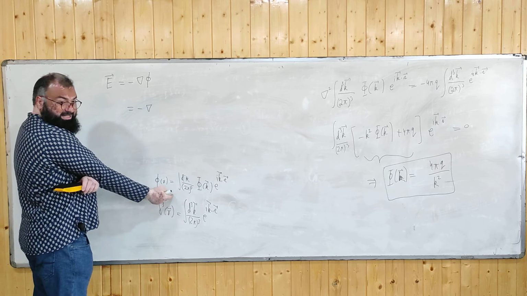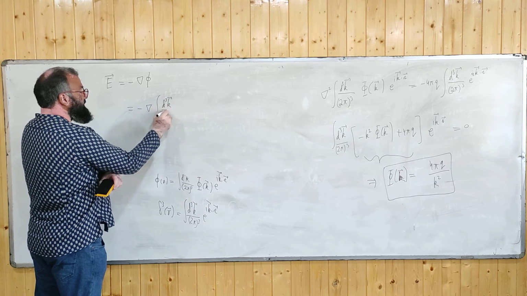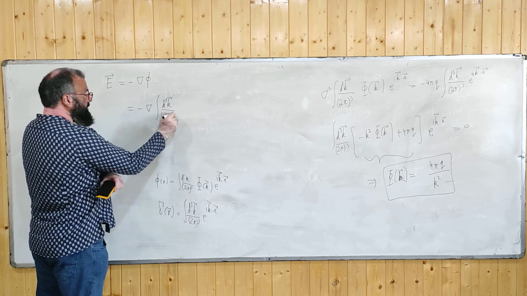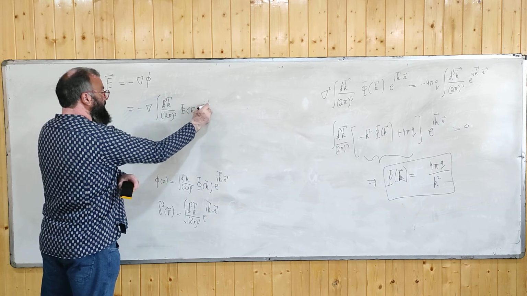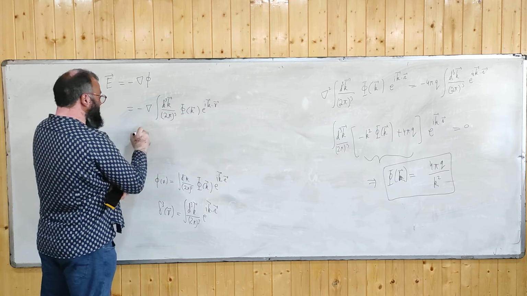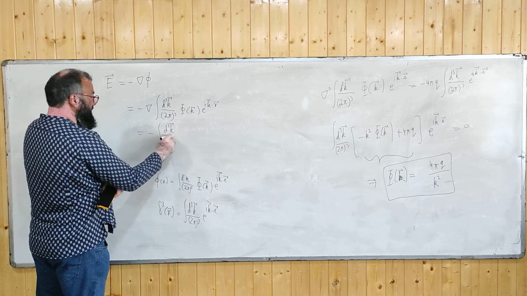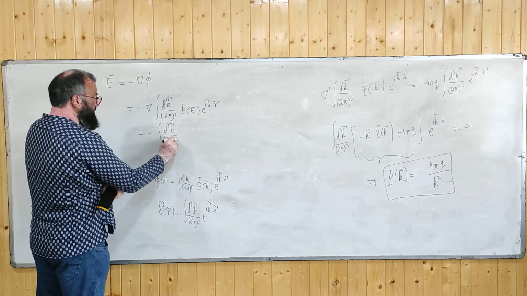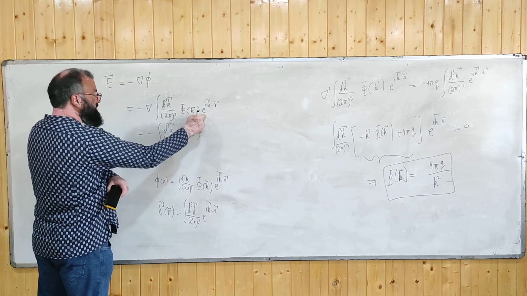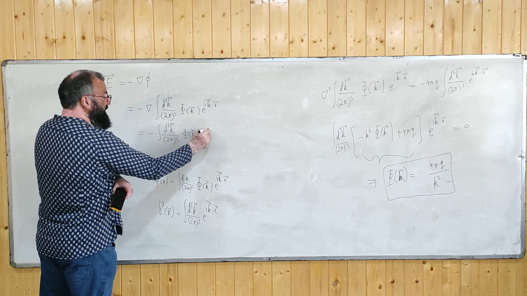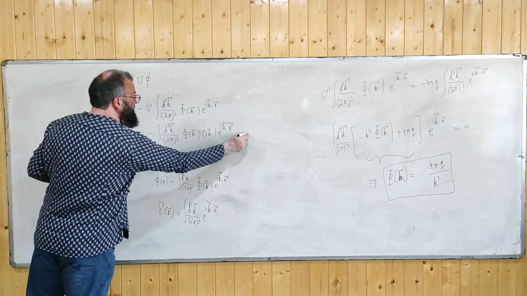It is this object: d3k divided by 2 pi cube phi of k e raised to i k dot r. Now let's act. It will be simply d3k divided by 2 pi cube, phi of k will be there, and the gradient will act on this object, so you will get i k down e raised to i k dot r. Let's call this second.